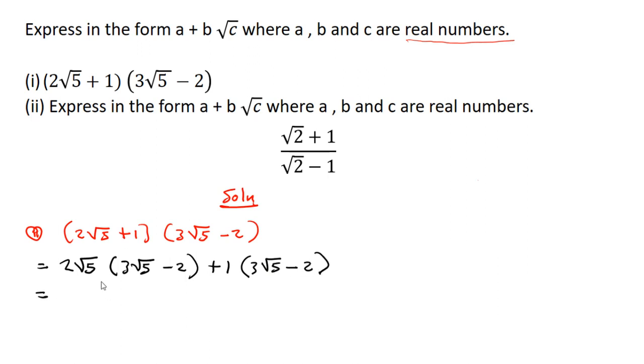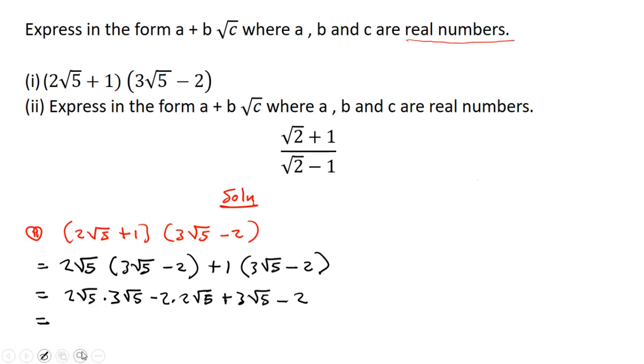Then after you do that, you say this times that, so this is just 2 square root 5 dot, remember I'm using dot for multiplication, 3 square root 5. Then this times that, which is negative 2 dot 2 square root 5, then plus 1 times that, which is just what we are multiplying it with, and then 1 times that is just negative 2.